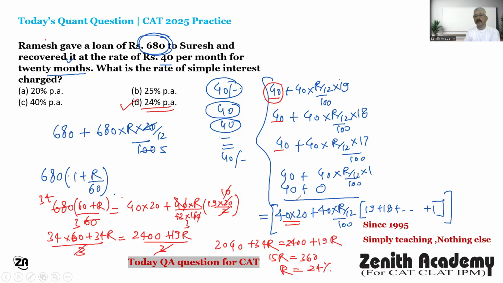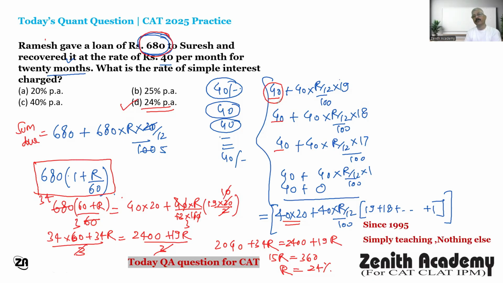So the total sum of this must be equal to the sum due after 20 months. So 680 rupees after 20 months becomes this.